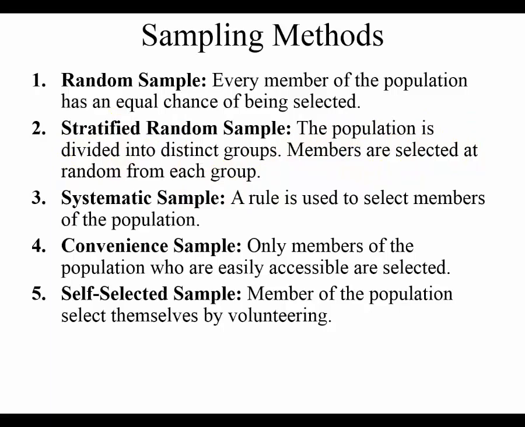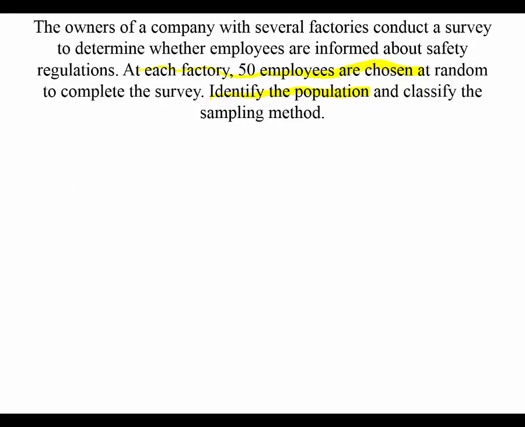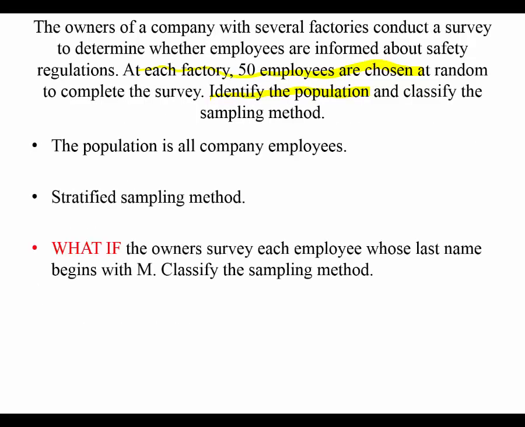Now, which one does it look like it's actually doing? If you look back at it, it tells you that the owner surveys each one whose last name begins with the letter M. Actually, I'd probably be in there, right? That's a systematic sample because now there's a rule. So since there's a rule now, you have a systematic sample.